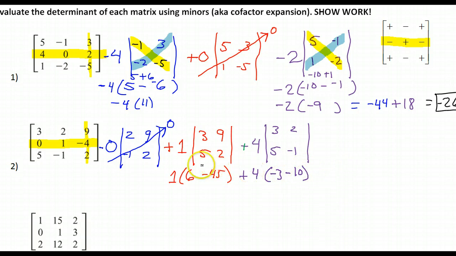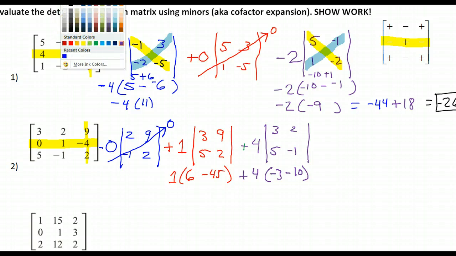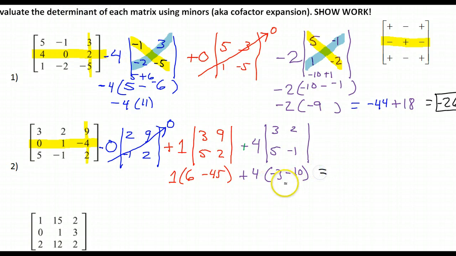So you're just going to crank all this out. You don't have to do this all in pieces. Once you have it set up like this, you can just go ahead to the answer. Just to make a point, I'm going to type all this into the calculator exactly the way it looks.